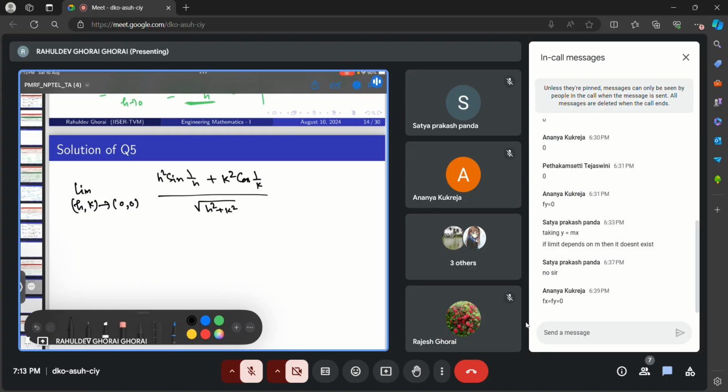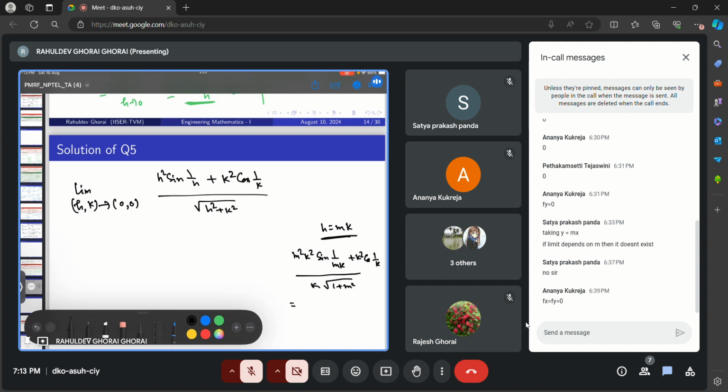If you choose some path h equal to mk, the ratio will be m square k square sine 1 by mk plus k square cos 1 by k over k times square root of 1 plus m square.